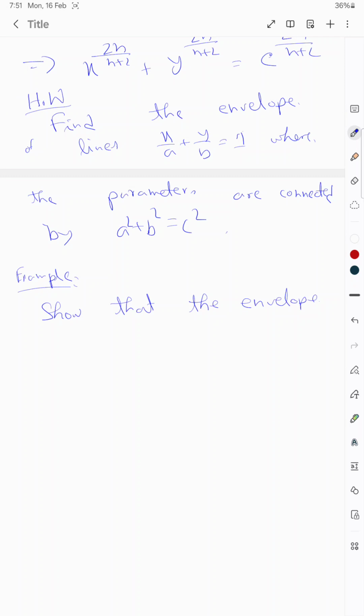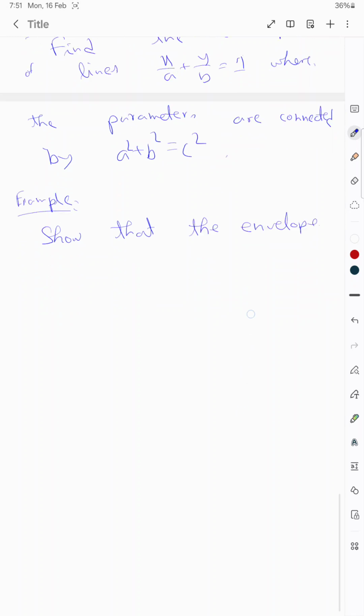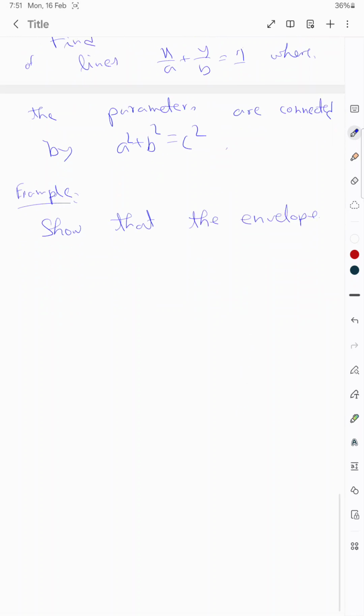And you have to eliminate the parameter, that's it. But the problem comes a little bit tricky. You have to understand what your function is and with respect to which variable you have to differentiate. And how you eliminate sometimes becomes challenging.